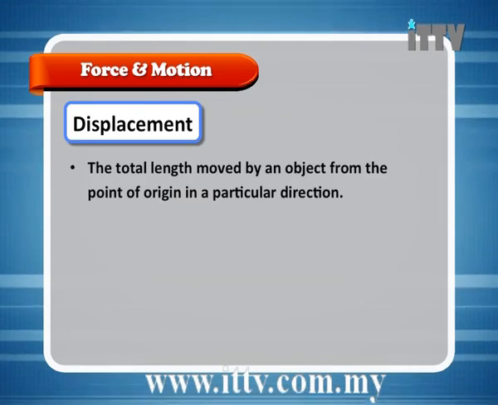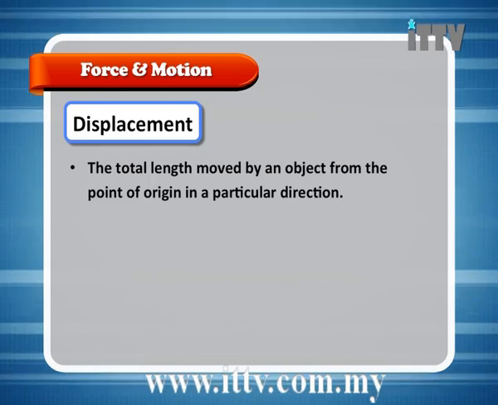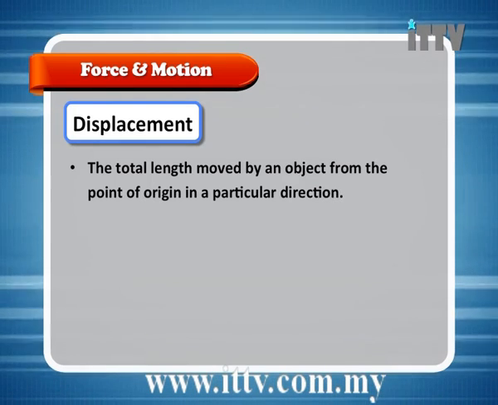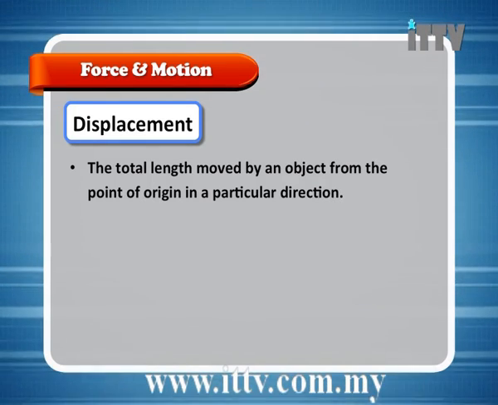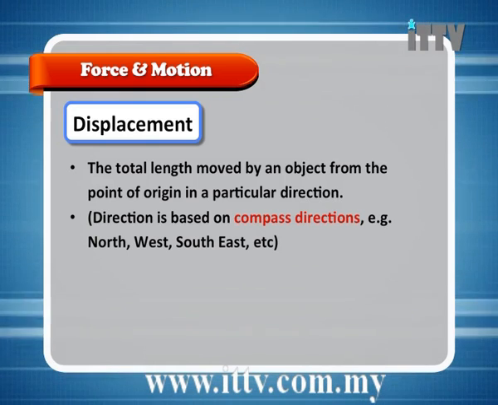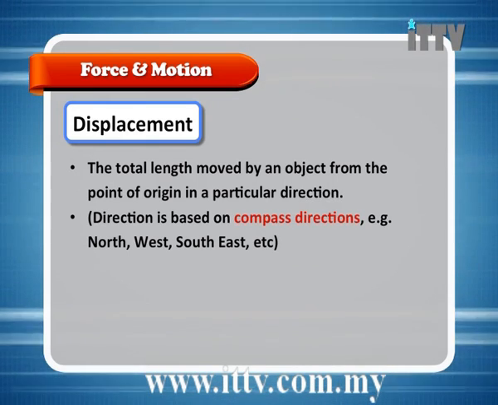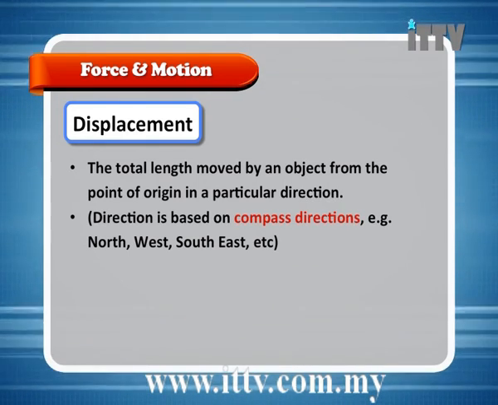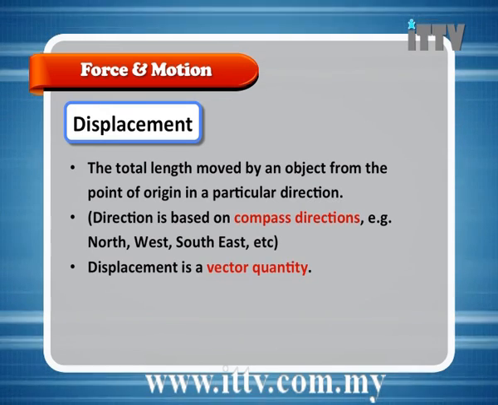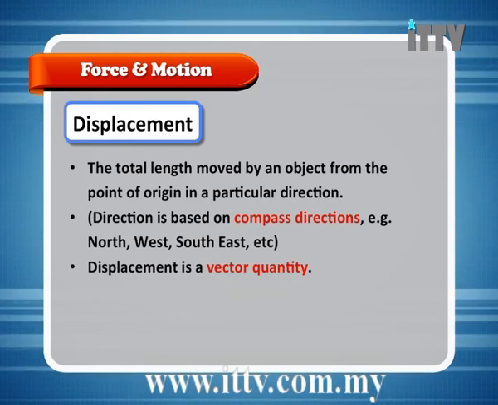Displacement. The total length moved by an object from the point of origin in a particular direction. Direction is based on compass directions, for example north, west, southeast, etc. Displacement is a vector quantity.